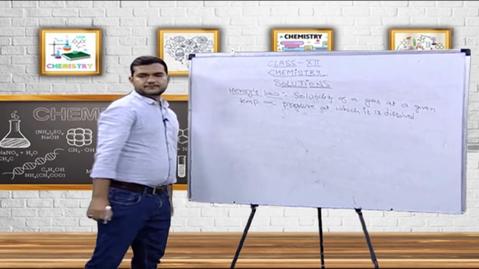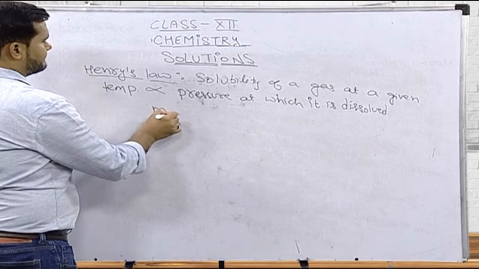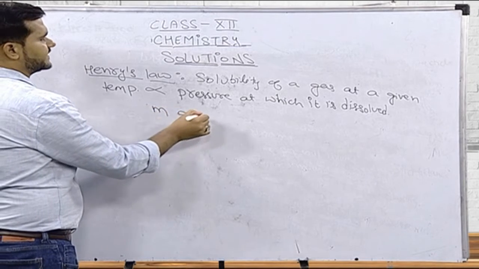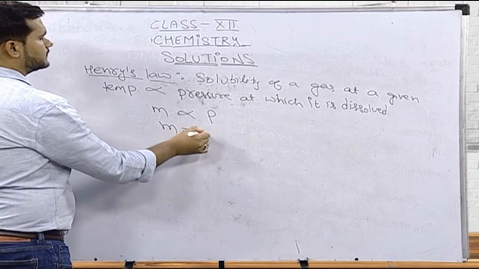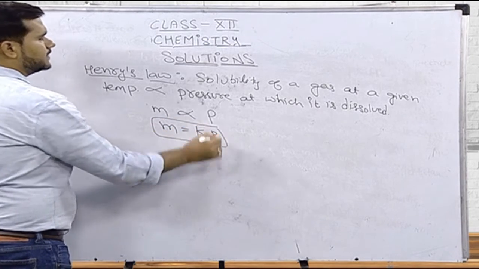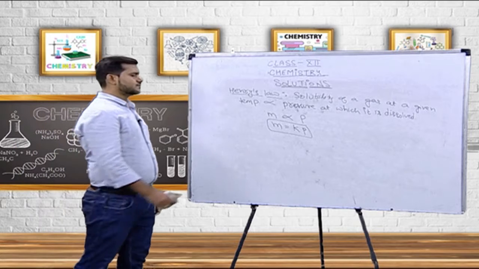Okay, so we can write the mass of gas dissolved in the solution is directly proportional to the pressure. m = Kp. K is called the proportionality constant.